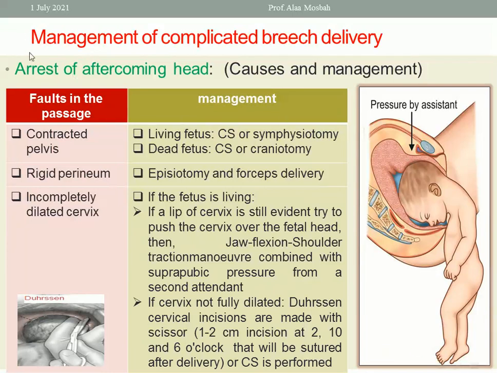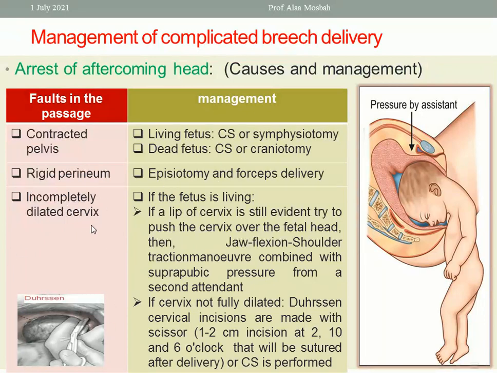What about if the problem for the arrest of aftercoming head is related to the passage? Maybe you have a contracted pelvis, living fetus, do cesarean section or symphysiotomy. Of course, this is a very critical situation. Dead fetus, do cesarean section or craniotomy. If rigid perineum, episiotomy and forced delivery.